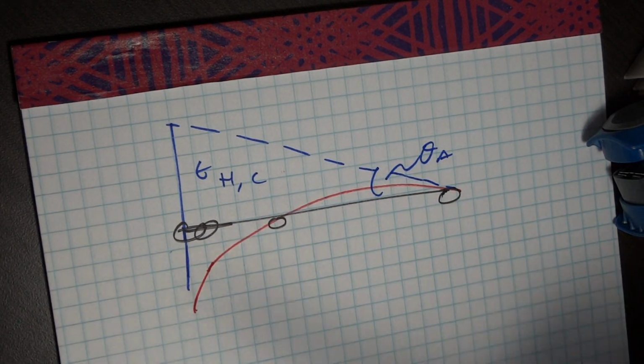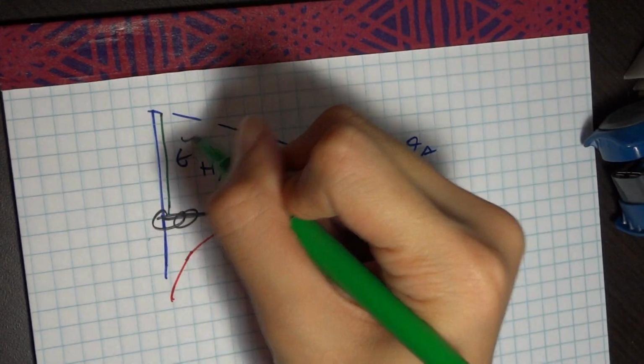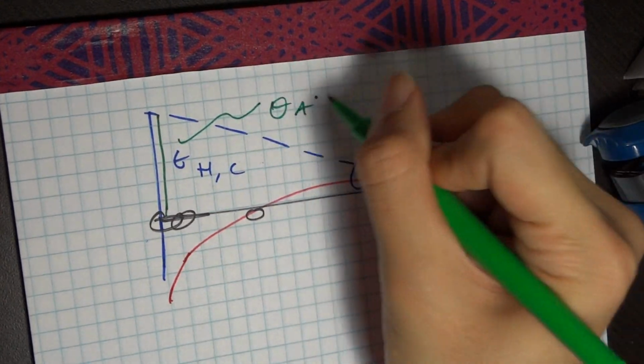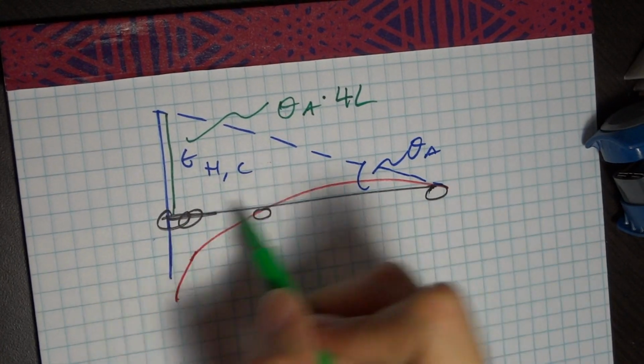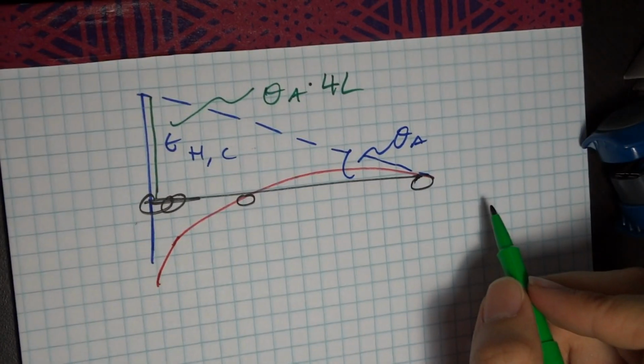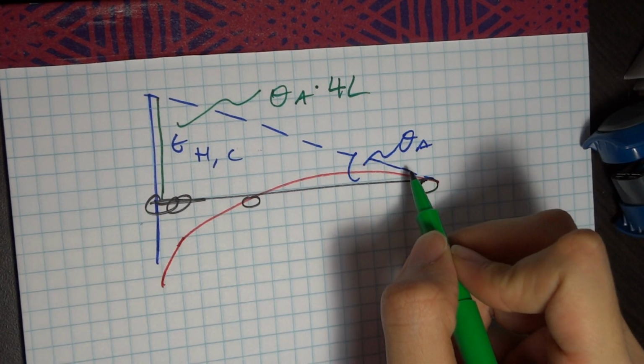This length here is theta A times 4L. Theta A times this length. I'm using my small angle approximation here, so angle is equal to opposite over adjacent.